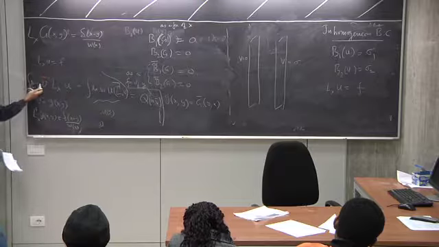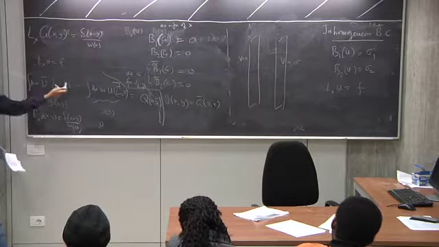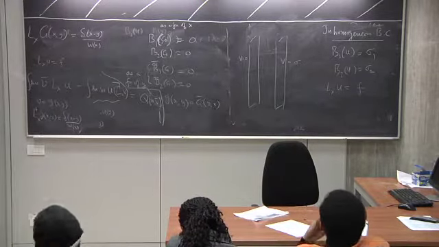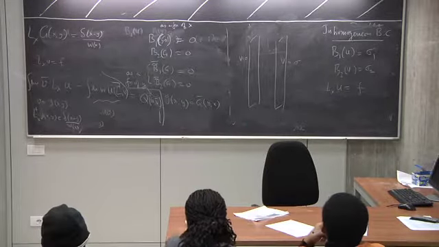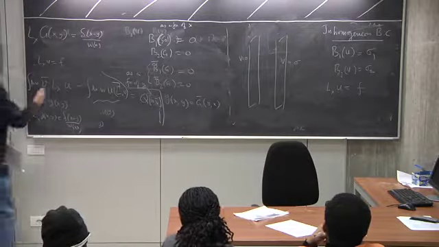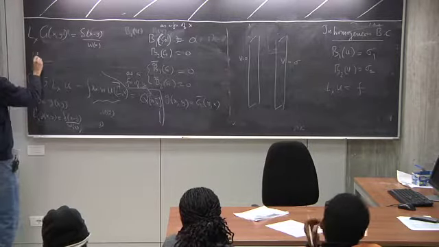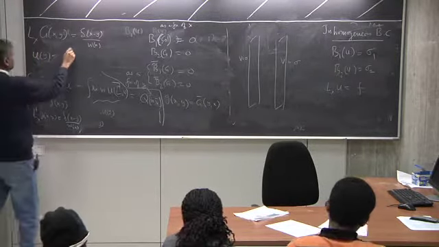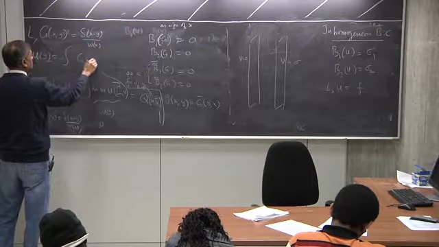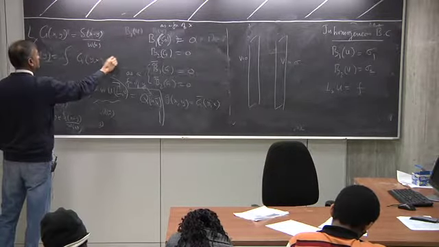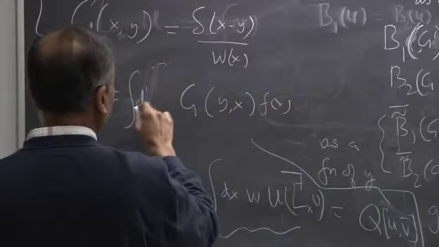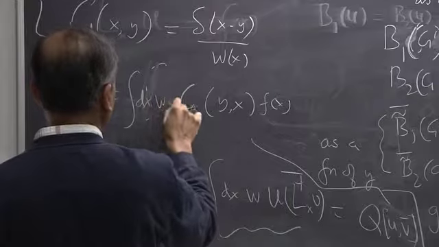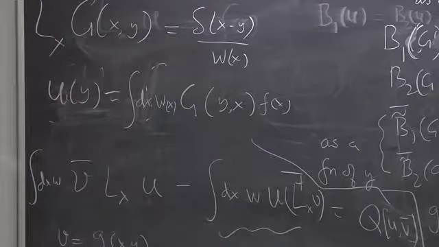So you find it's just small g bar xy times f. But small g bar xy is the same as capital G yx, from that equation. So the solution is U at y equal to the integral of capital G yx f of x dx wx. That's how we obtained it.